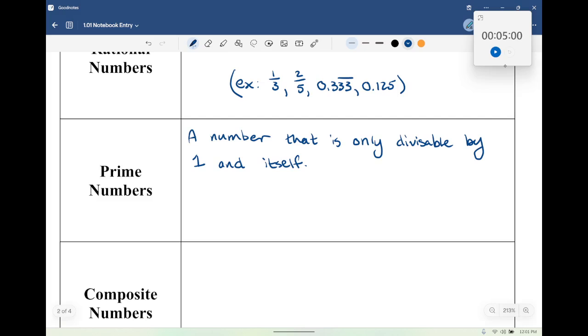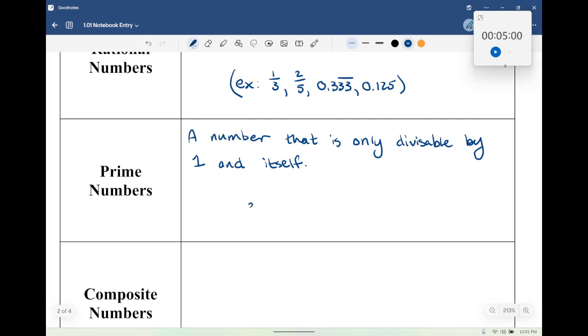Prime numbers are incredibly useful, especially thinking about the field of cryptography and cybersecurity. A lot of random numbers and like random password generation has to do with prime numbers and using really, really big prime numbers.